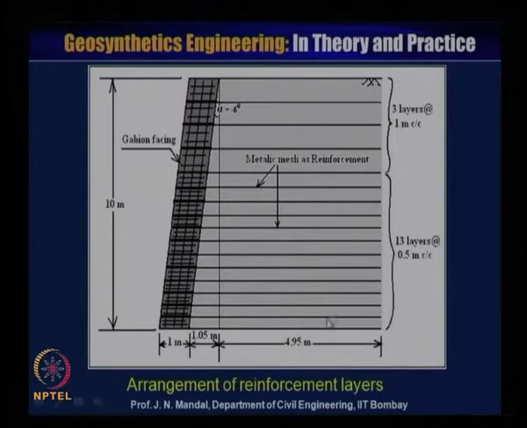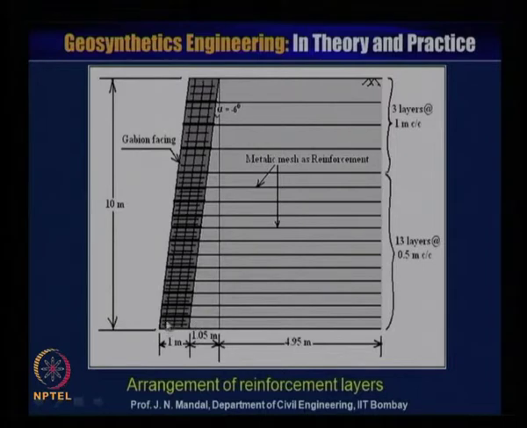So up to 13 layers you have given 0.5 meter spacing, and after that the remaining 3 layers at a spacing of 1 meter. So you are giving 1 meter interval, and this angle, you know, alpha is 60 degree, and this is the TG, 1 meter. This is minus TG, this is 1.05 meter, and this L is 4.95 meter.